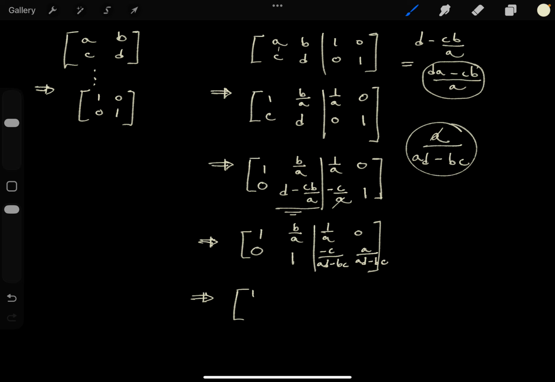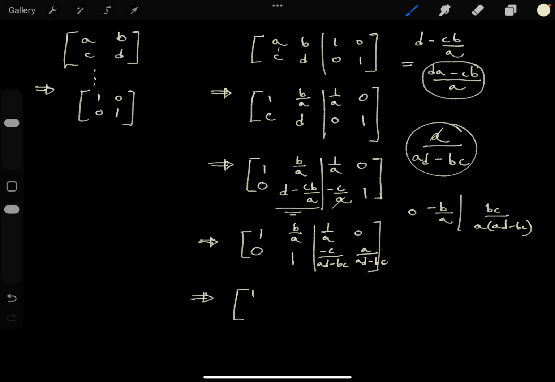And what am I going to get? I'm going to take my time with this, because it's negative B over A, this is the second row. And then I'm going to get BC over A, AD minus BC.